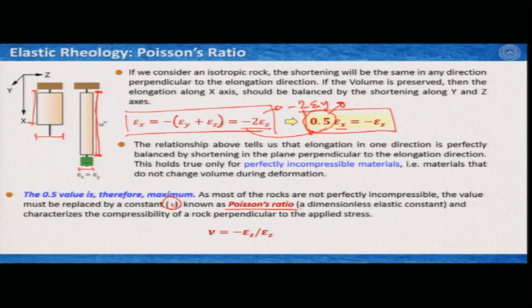And as you can see, Poisson's ratio must be a dimensionless quantity, because it is a ratio of the two strain parameters. Okay. So, Poisson's ratio essentially characterizes the compressibility of a rock perpendicular to the applied stress.